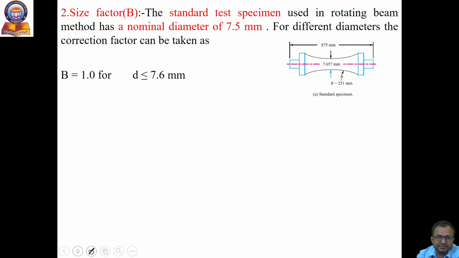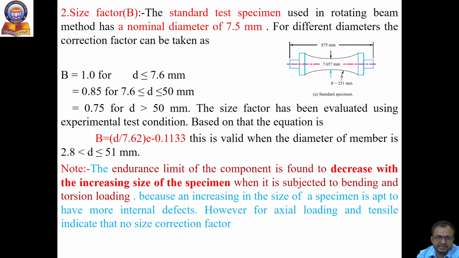Then the next factor is the size factor. The standard specimen used in the rotating beam machine has a diameter of 7.5 mm. For different diameters, how do I consider the modifying factor?